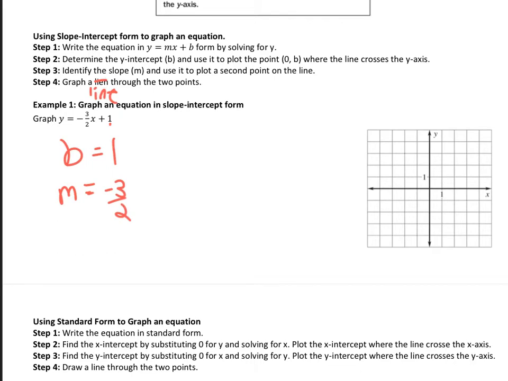So the way I graph this line, I plot my y-intercept at 1, and then I count my slope of -3/2. So it has a rise of -3, so I go down 1, 2, 3, and I go right 1, 2. So that is my rise over my run for my slope, right?